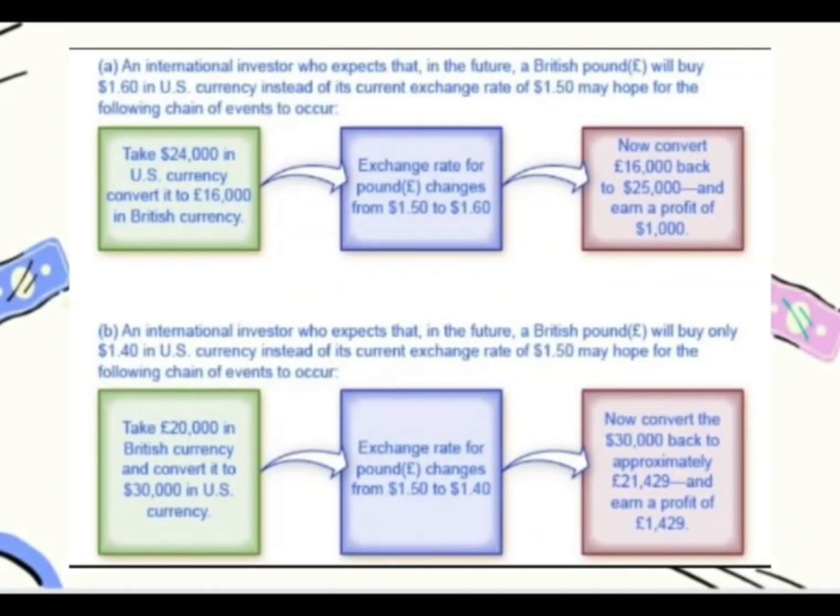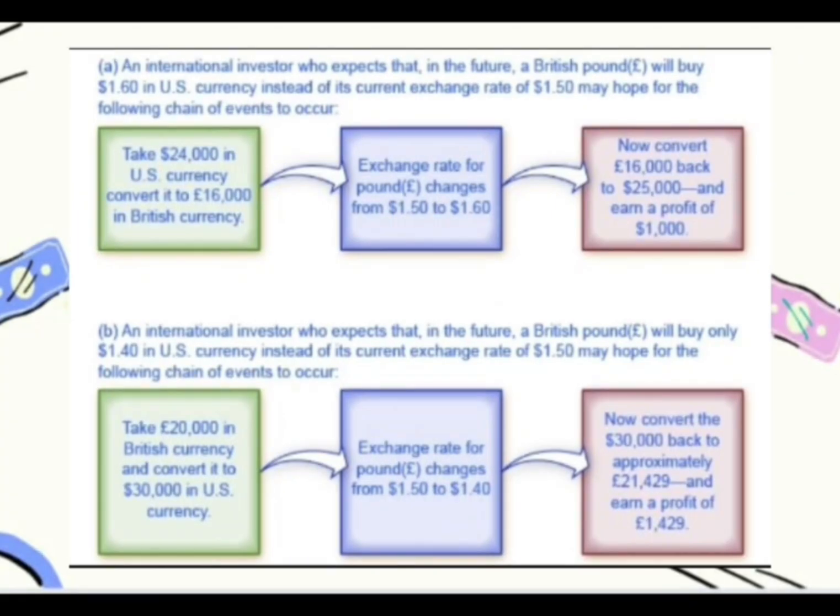This image shows how investors can make money by guessing how the value of the British pound will change compared to the US dollar. In part A, the investor thinks the British pound will become stronger in the future. So they take 24,000 US dollars and exchange it for British pounds at the current rate of 1.50 US dollars per pound, and they get 16,000 pounds.